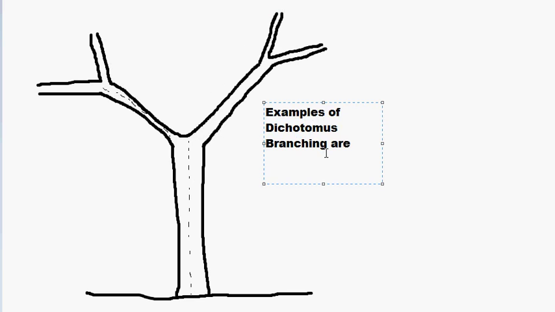This Pandanus plant, if you see its branching, it is dichotomous type of branching. So let us list down Pandanus. In common name it is called screw pine. Okay, so let's write that too. Screw pine. That was Pandanus.